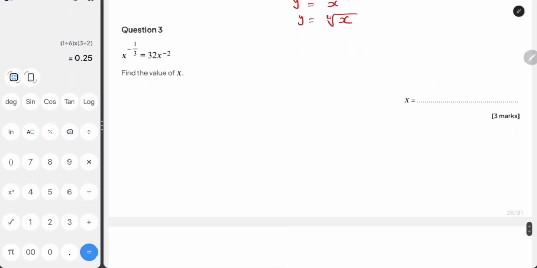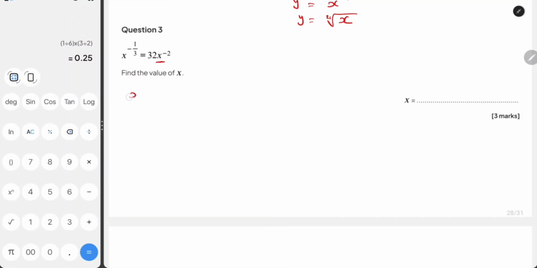X raised to negative 1 by 3 is equal to 32 into x raised to minus 2. Find the value of x. So this is the equation kind of question. We want to find the value of x, but there are two x's. On the left hand side there is x, and right hand side is also x. So for that, first I'll shift this x here in the division.